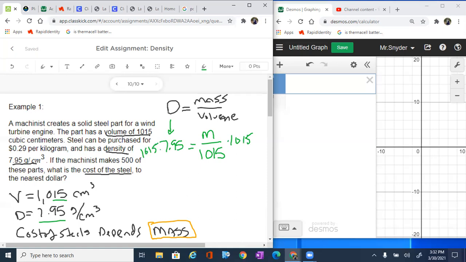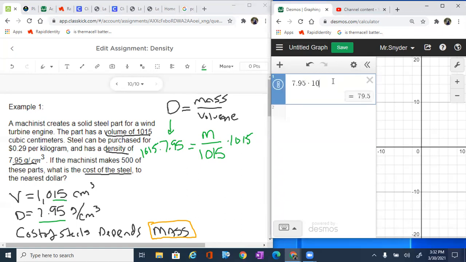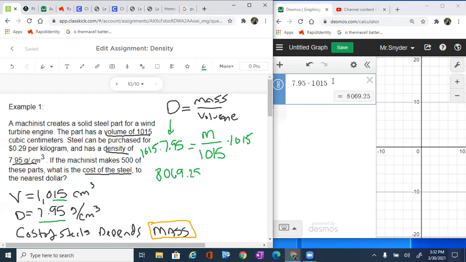Okay. And so when I come over here, I'm going to say, well, let's take 7.95 and multiply it by 1,015. And that is going to give me 8,069.25 grams. And that is going to be our mass.